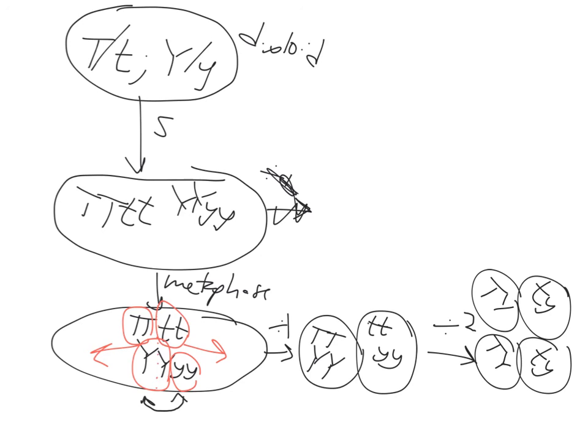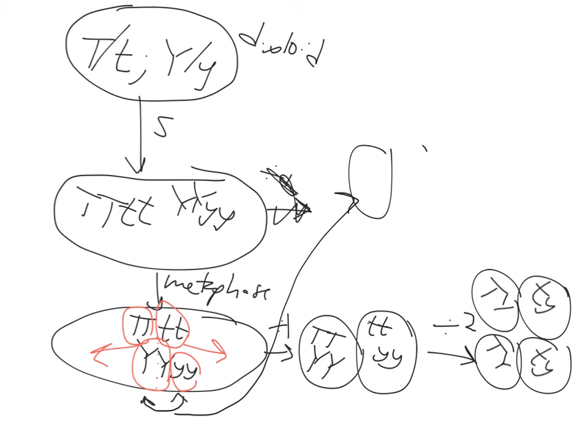But for every one cell that went through meiosis that had that arrangement of the 2 chromosomes we're looking at, there were an equal number of cells that had the capital Y's lined up on the side with the lowercase t's, because this is all chance. It's just how the chromosomes are floating around inside the nucleus. Half of the time they're going to line up like this, and the other half of the cells going through meiosis are arbitrarily aligned the other way.